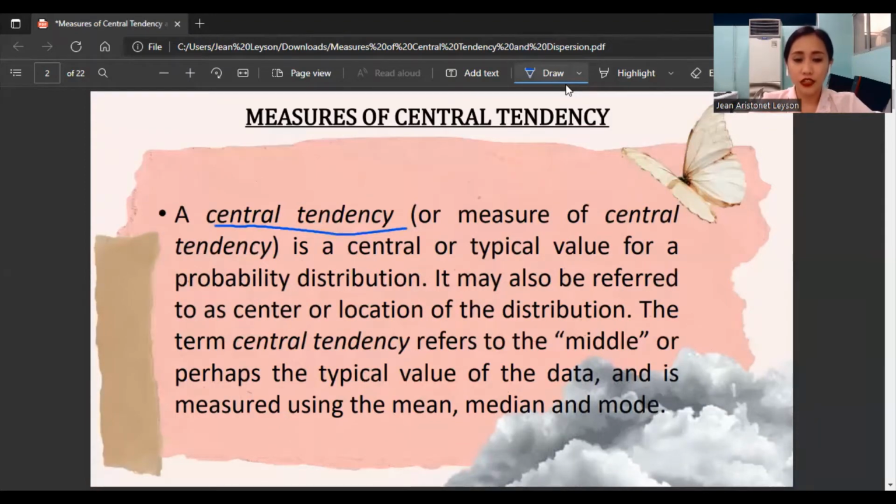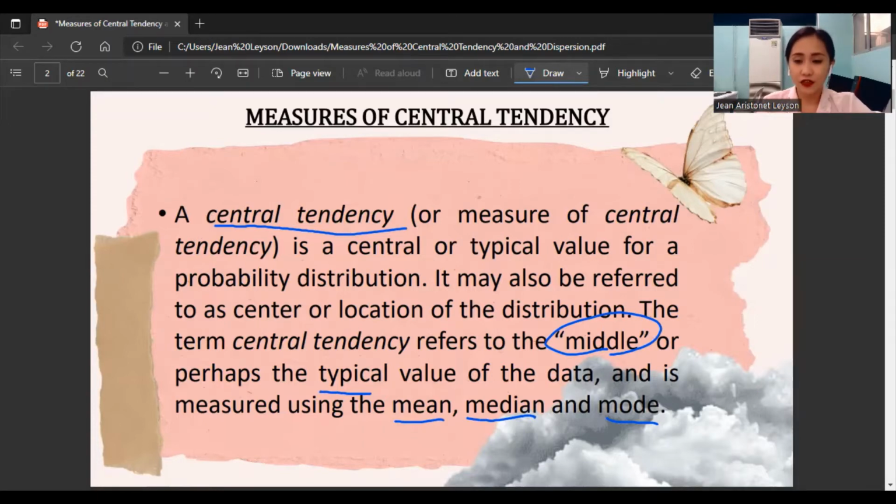The term central tendency refers to the middle or perhaps the typical value of the data and is measured using the mean, median, and mode. In other words, the measures of central tendency let us know what is the average or what is typical for a set of data.